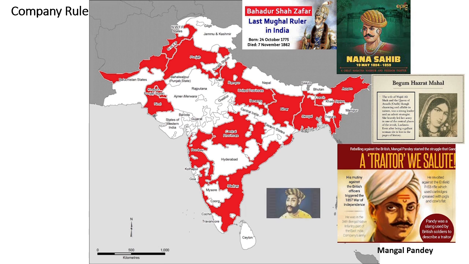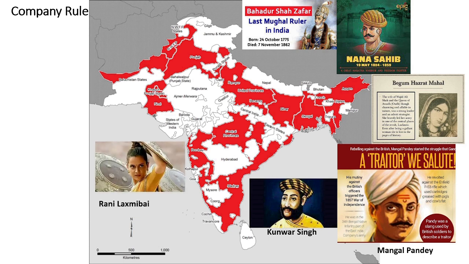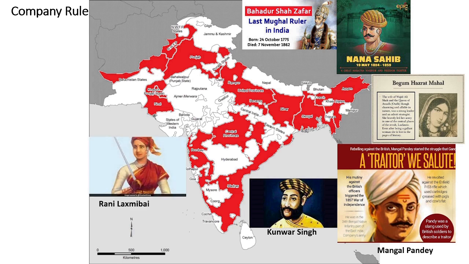Revolt center Arrah in Bihar was led by Kunwar Singh against the expansion of British rule, and finally, most famously, the revolt center Jhansi was led by Rani Lakshmibai, or Manikarnika Tambe, with the help of Tatya Tope for losing her empire due to the similar case of doctrine of lapse. The Indian rebellion ended with the killing of Jhansi Ki Rani.